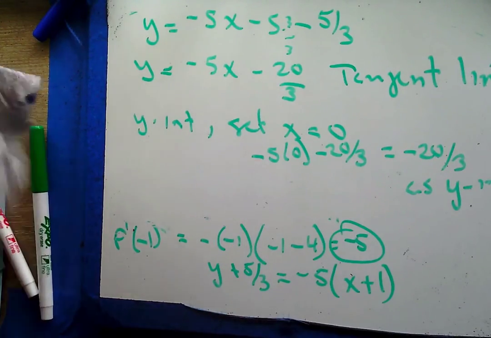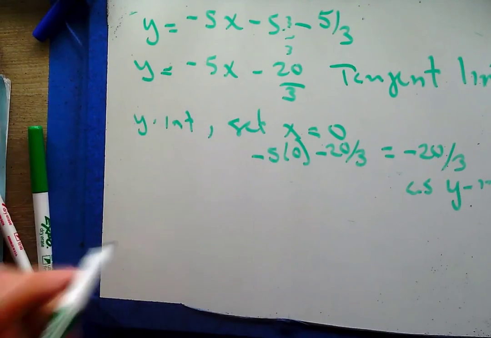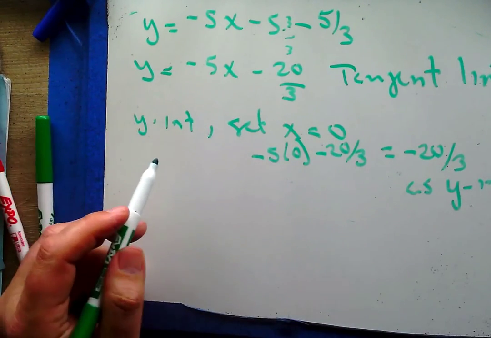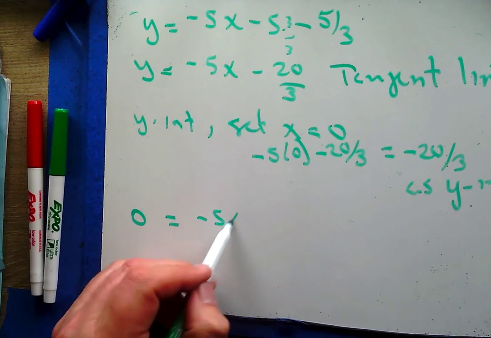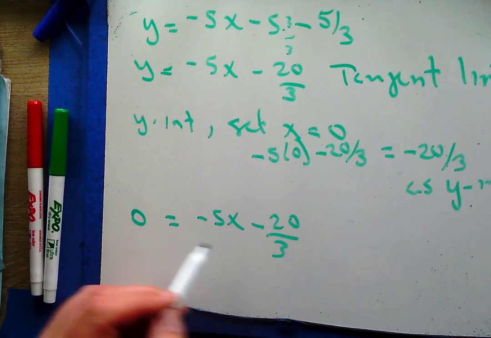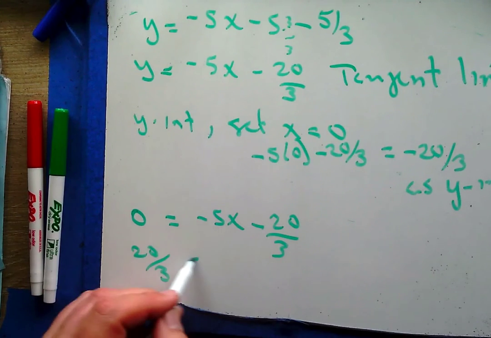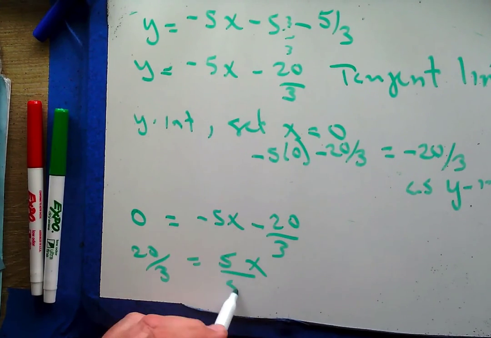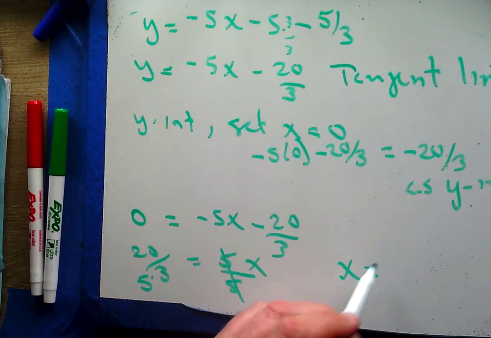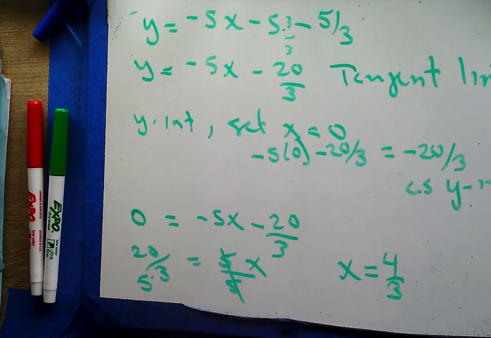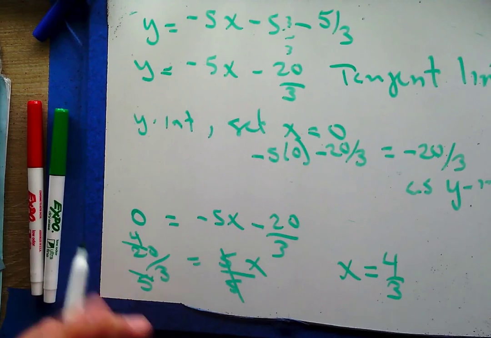Now what about the x-intercept? That's right, I set y equal to 0 in that case. -5x minus 20/3, or 20/3 equals -5x. And then I divide by 5. I end up with x equals 4/3, because I can take a 5 out of both of these.